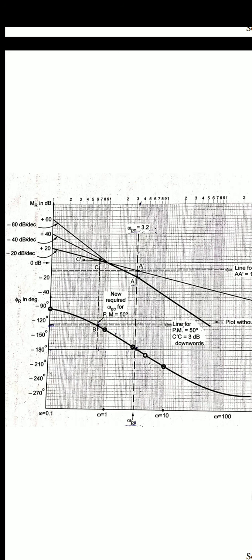Next, draw the vertical line from B till it intersects the magnitude plot without k. This is point C dash. They have marked the C dash.